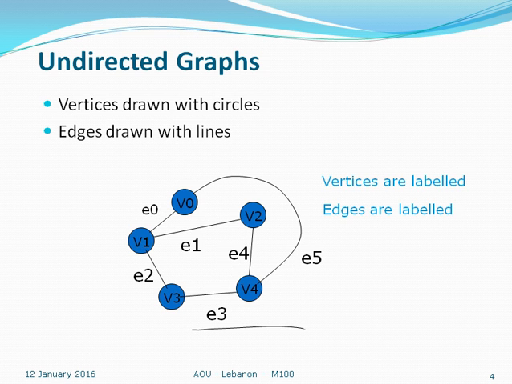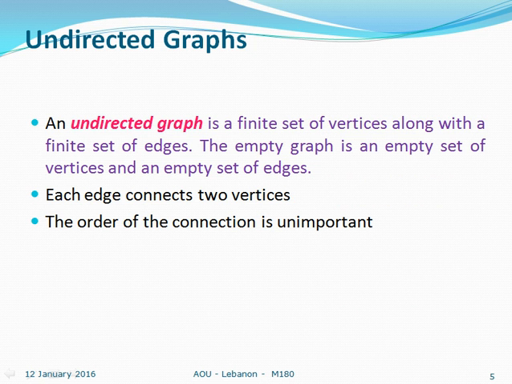As I told, we can label the vertices V0, V1, V2, V3, V4, V5 and so on, and we can also label the edges as E0, E1, E2 and so on. Here is a formal definition for an undirected graph.